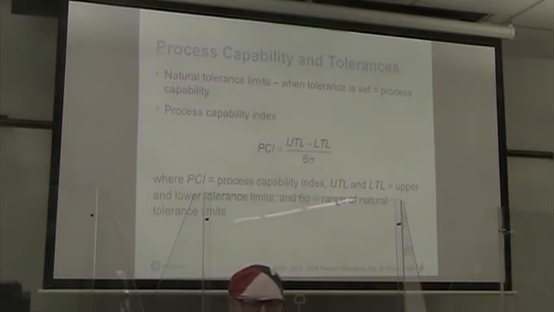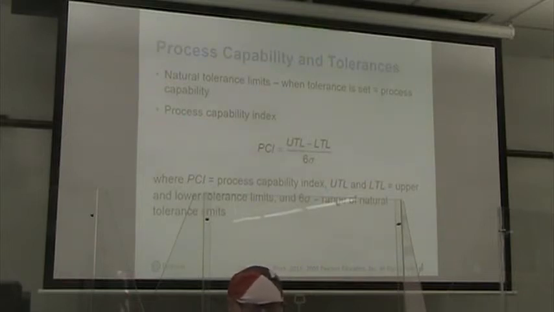Our process capability index, often known as PCK or PCI, is our upper tolerance level minus our lower tolerance level divided by 6 sigma, or 6 times the standard deviation.